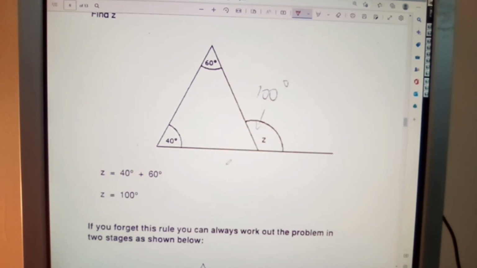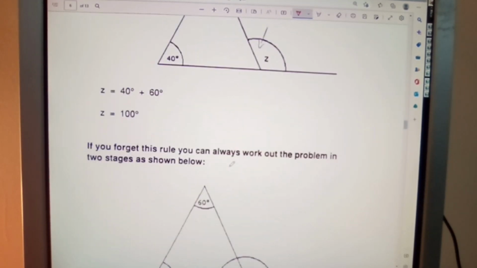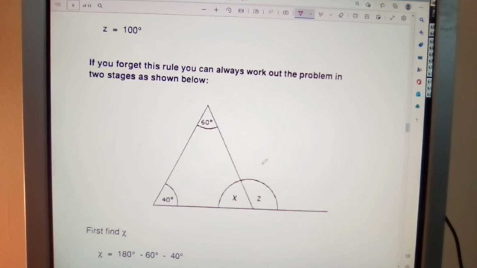If you forget this rule, you can always work out the problem in two stages as shown below. Find x.